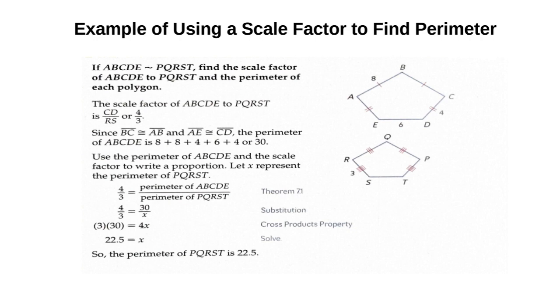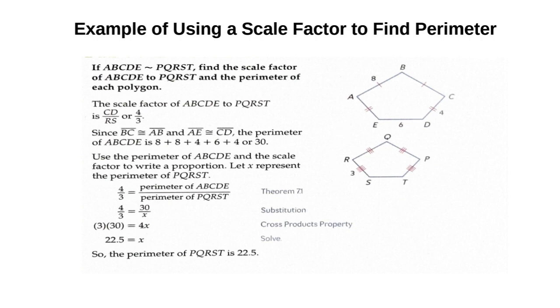Now we have the scale factor of ABCDE to PQRST is 4/3, and the perimeter of ABCDE is 30.